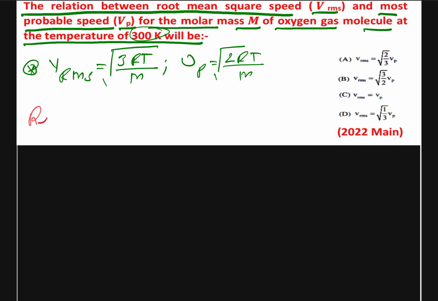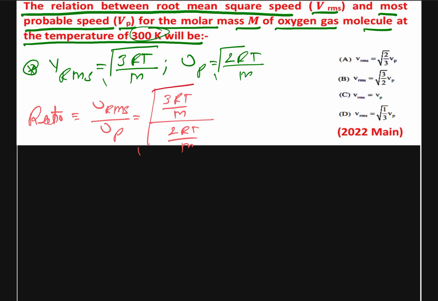So their ratio, VRMS upon Vp, is equal to the square root of 3RT upon m divided by 2RT upon m.